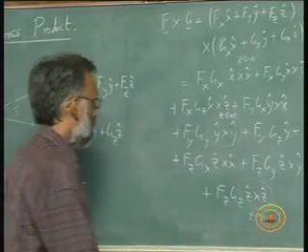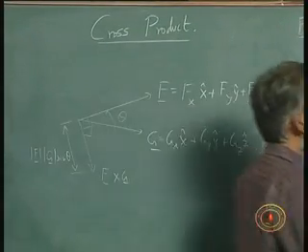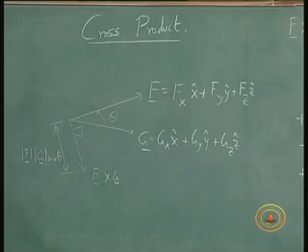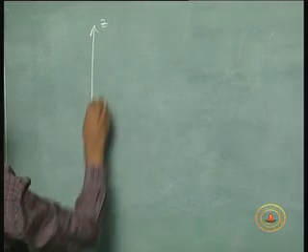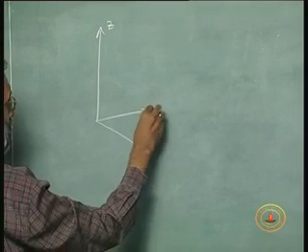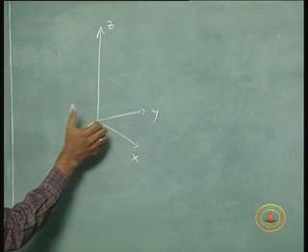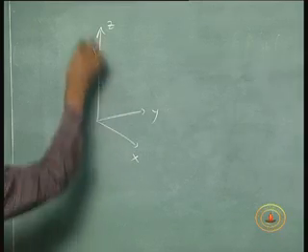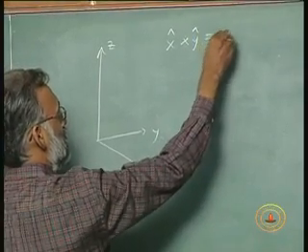Now, what about x hat cross y hat? Well, let us draw the coordinate system. If I use my right hand rule and try to turn a screwdriver from x to y, I point along z. So I have x hat cross y hat equals z hat.